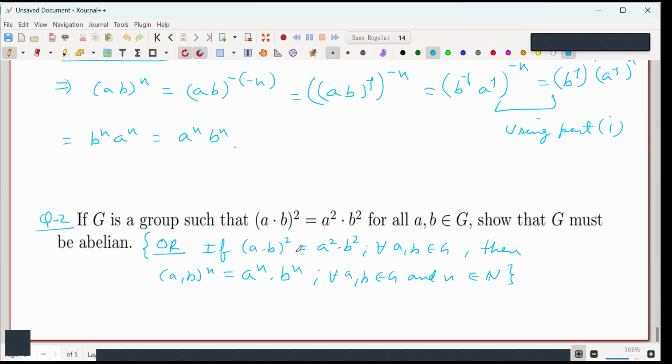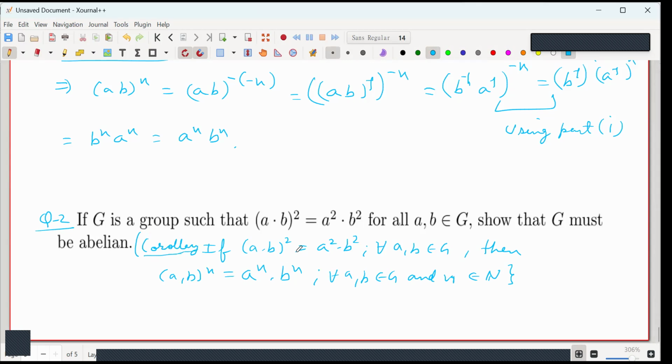Why? Because instead of n, I should write it as a corollary. Because once you prove that the group is abelian, again you can use the first part and show that for all powers n, this relation holds.